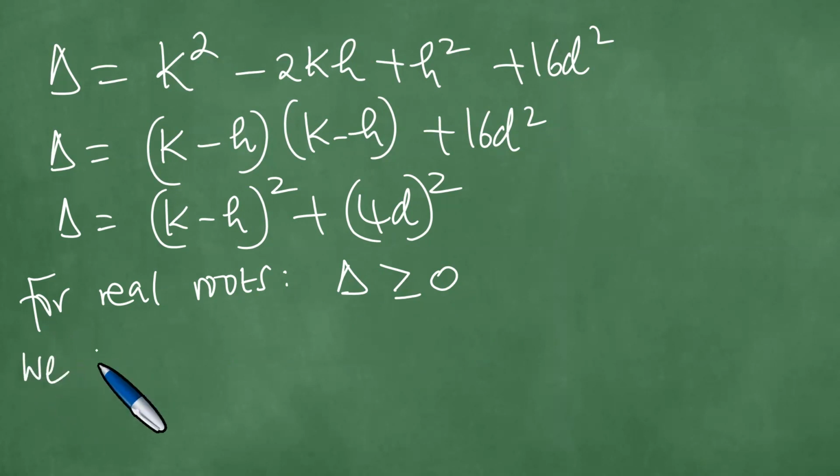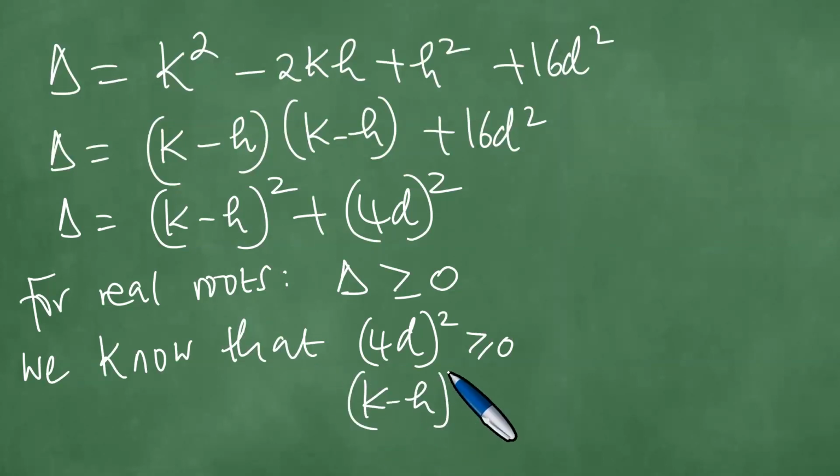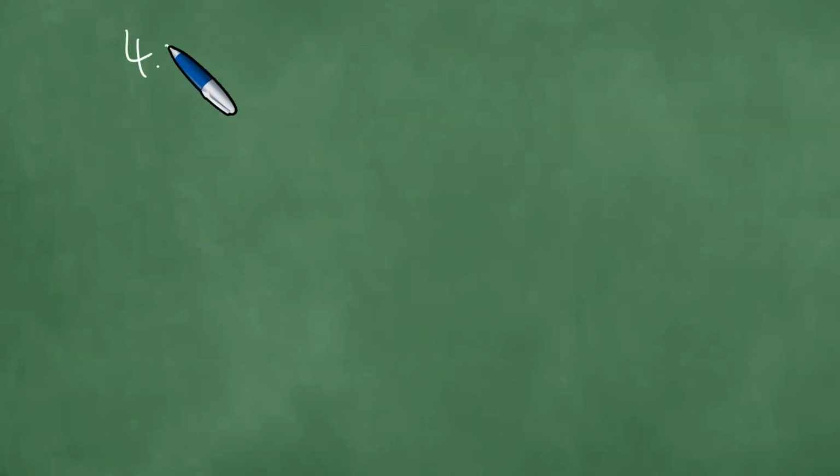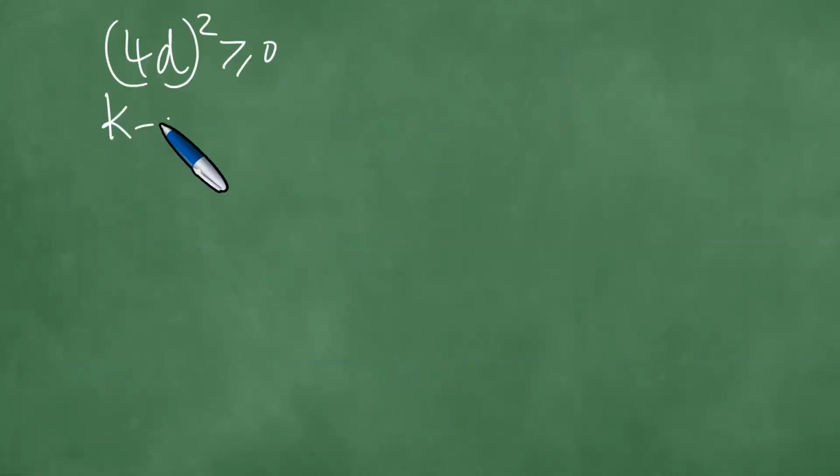We know that at this point 4d all squared is greater or equal to 0. K minus h squared is greater or equal to 0. So if we have that 4d all squared is greater or equal to 0, k minus h squared is greater or equal to 0.